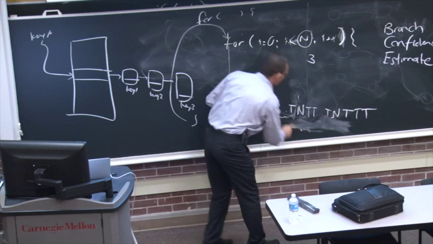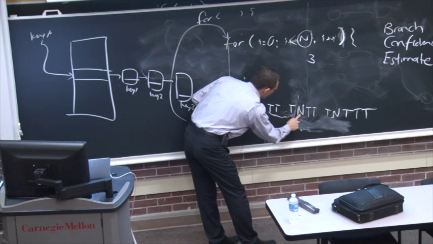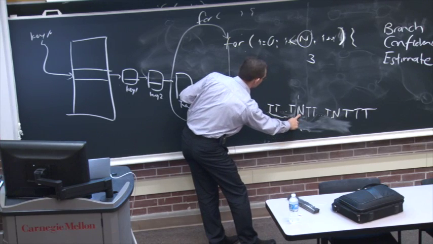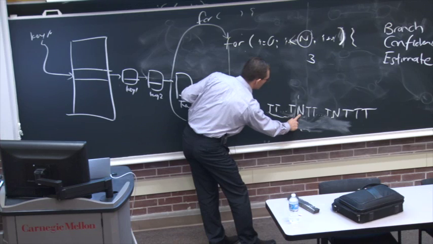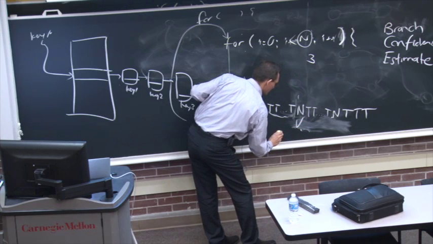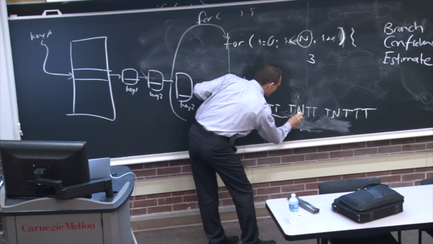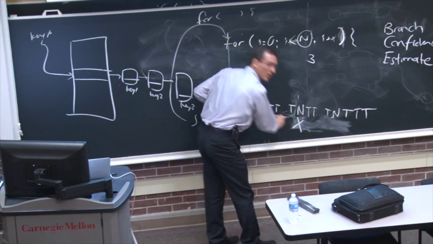Now what's going to happen with this 2-bit counter branch prediction is, when we execute the branch that is supposed to exit the loop, we're going to predict it as taken. Right? So we're going to get it right. Oh, no, we're going to get it wrong. Sorry. We're going to predict it as taken, but it's going to be not taken, so we're going to get it wrong.